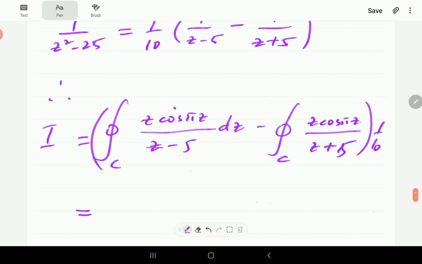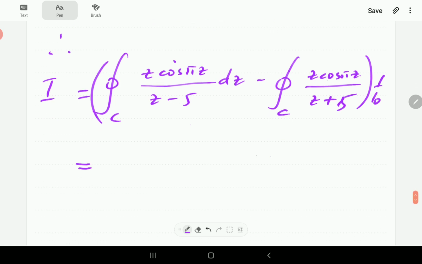This has got only one singularity, and it's z equals 5, so z naught is 5 here. This is going to be our f. Here z naught is negative 5. This is going to be our f. So this is how this is going to work out.